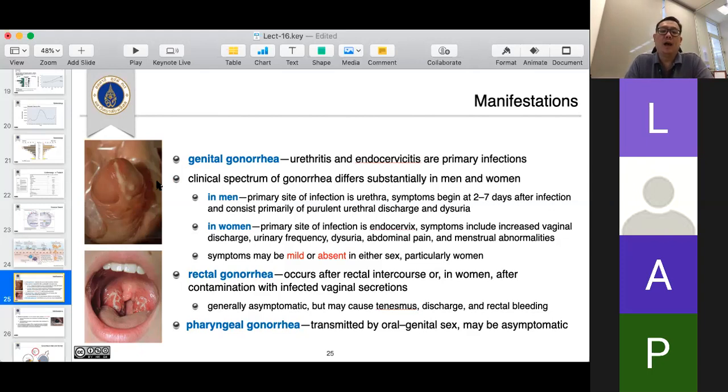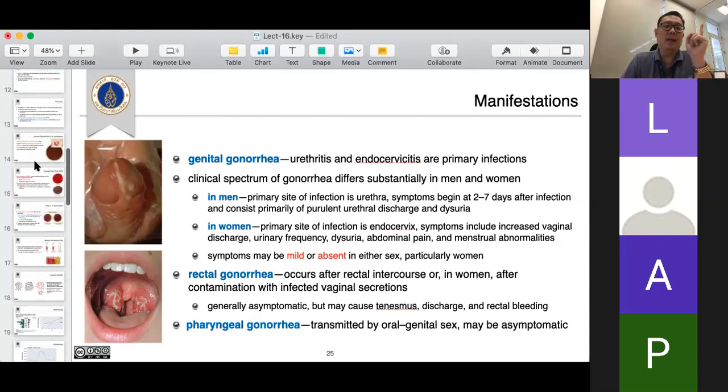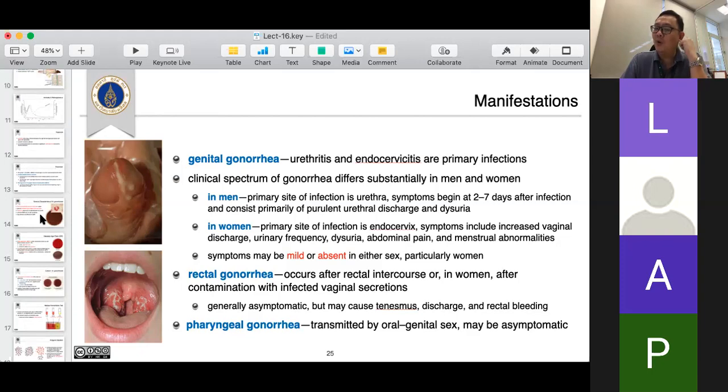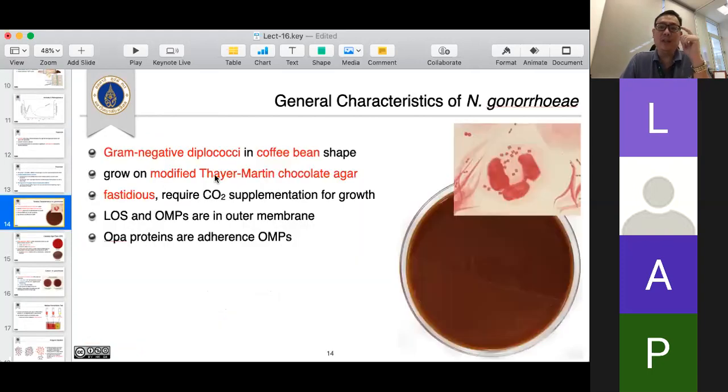For the specimen in the lab, the doctor will use a swab to take the pus sample, smear it on a slide, and use Gram stain. The important thing is what you see in the lab.